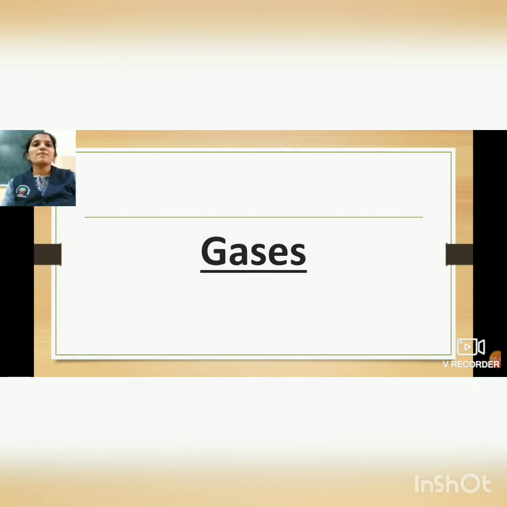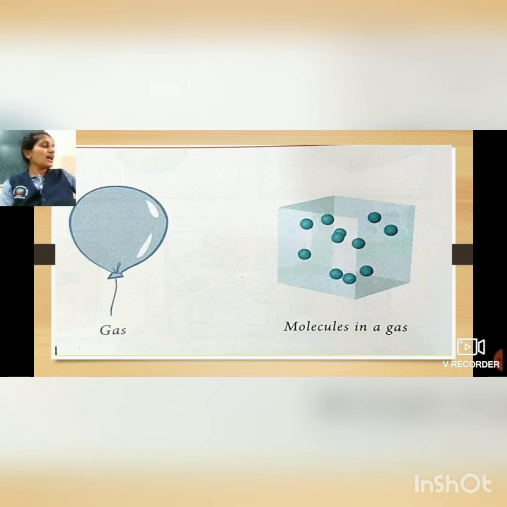So we have seen about solids and liquids, and we have also seen the place of molecules in solids and liquids. And now we are going to see about gases. So students, as I have shown you, the example for gas is the balloon.